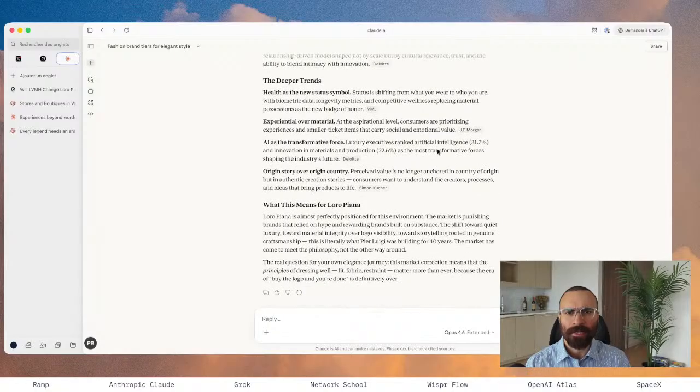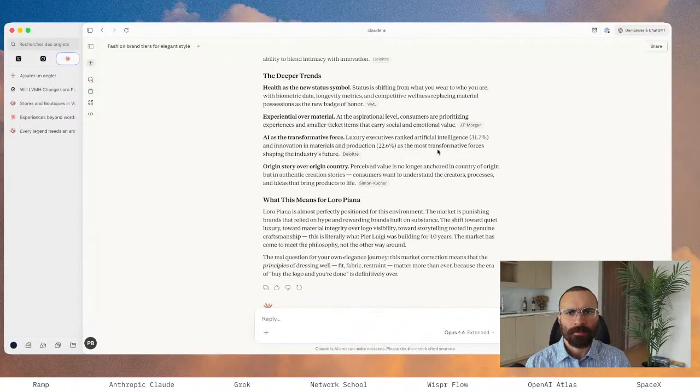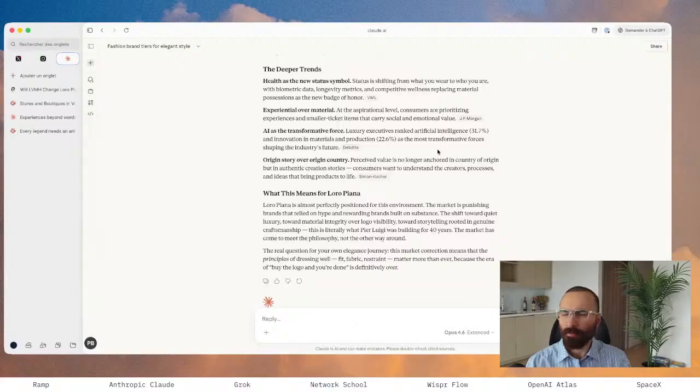The deeper trends. Health as the new status symbol. Experiential over material possessions as the new badge of honor. You might see Loro Piana entering into the Lululemon world. They're like, hey, now we make technical athletic wear with merino wool, with Vicuña wool. Prioritizing experiences and smaller ticket items that carry social and emotional value.